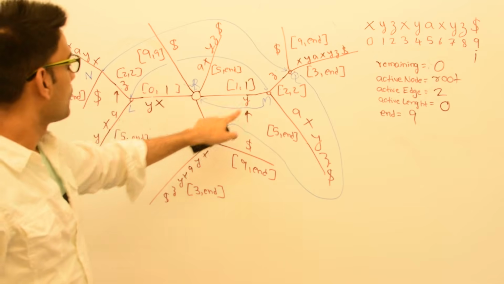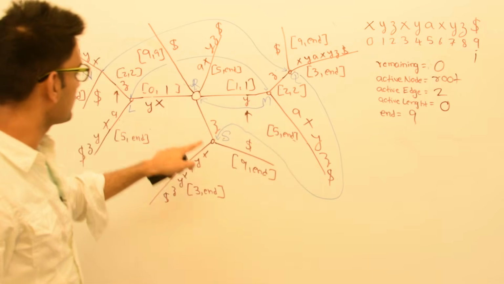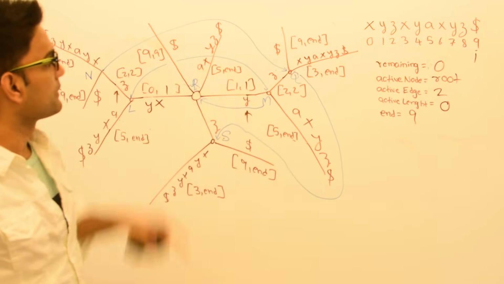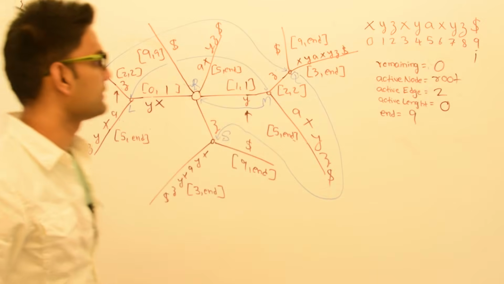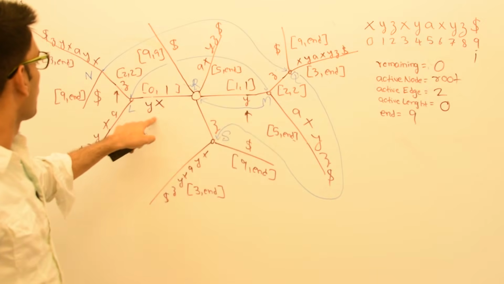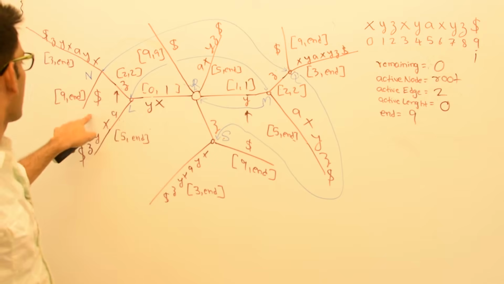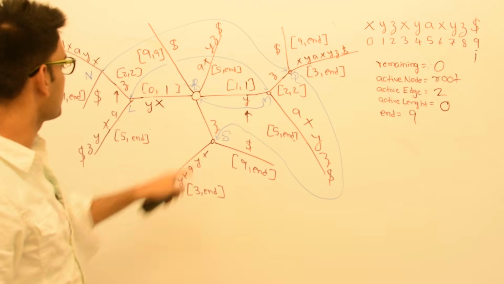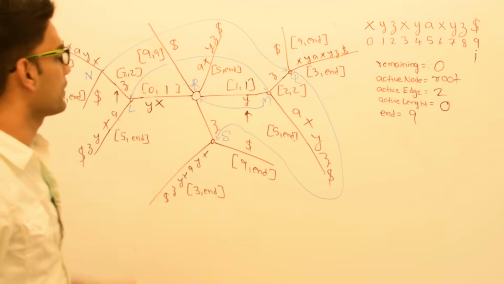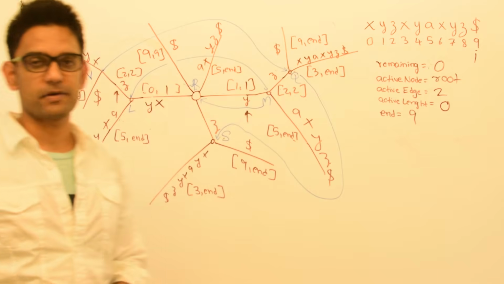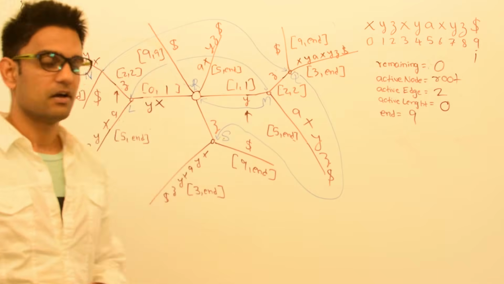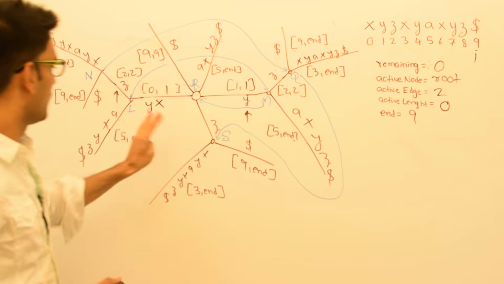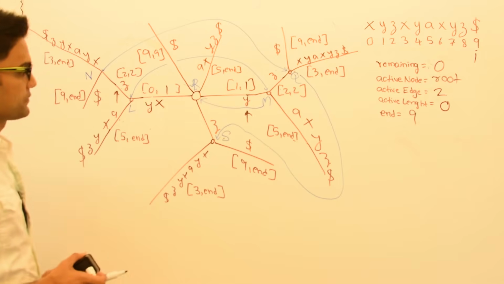Fifth is YA, XYZ dollar. Sixth is A, XYZ dollar. Then we have X, Y, Z dollar. And then we have Y, Z dollar. And then we have Z dollar. And then we have dollar. So as you can see, we have represented all the suffixes of this string in this suffix tree.